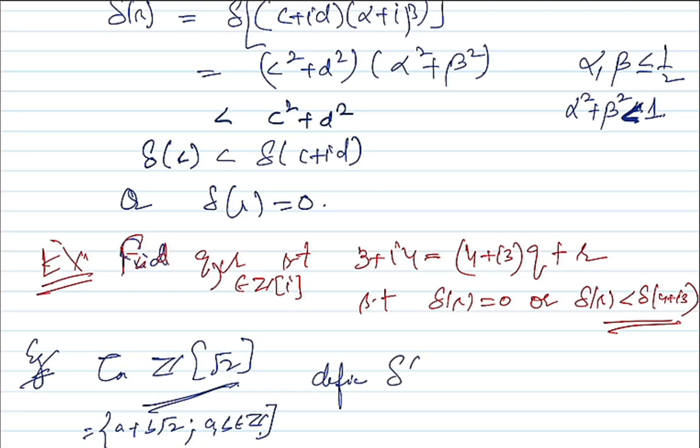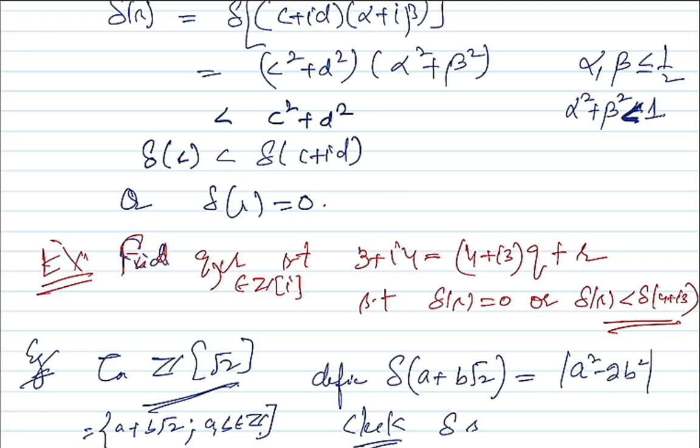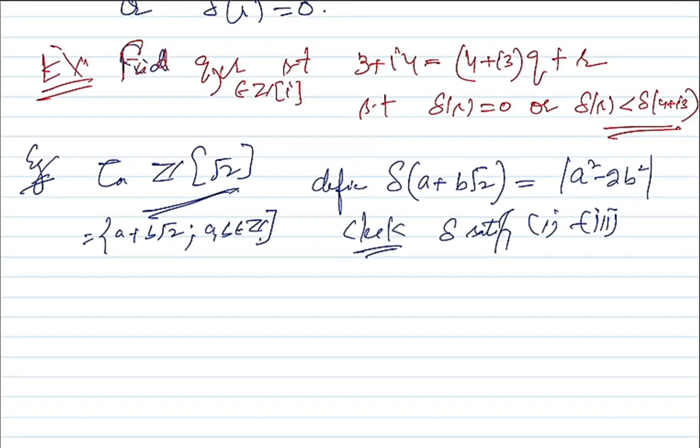Define delta of any number a plus b square root 2 as the modulus of a square minus 2b square. Check that delta satisfies all these properties. If you get such a delta, it becomes a Euclidean domain.